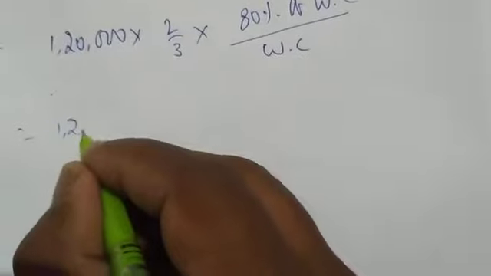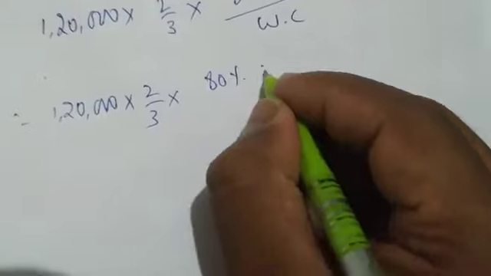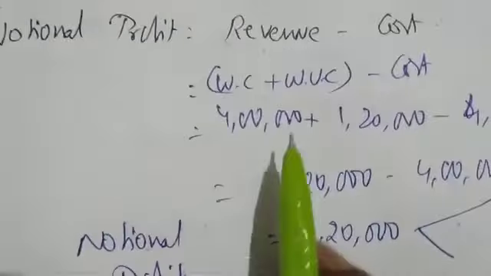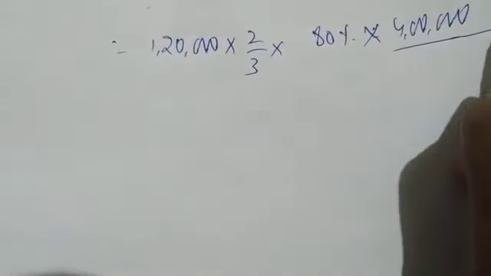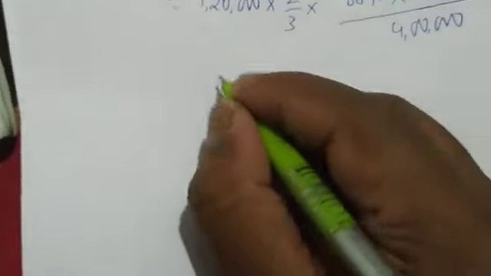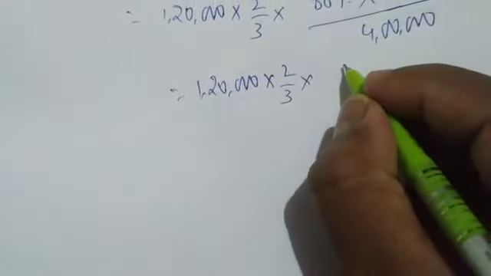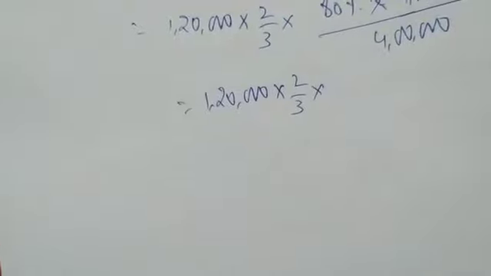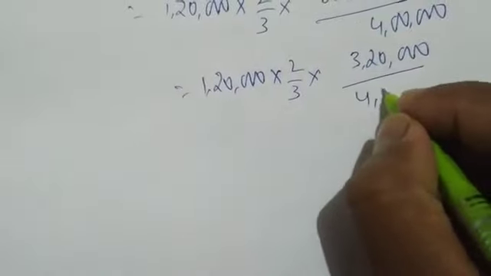So 1,20,000 into 2 by 3 into 80% of work certified, which is 4 lakhs, divided by 4 lakhs. 80% of 4 lakhs is 3,20,000, divided by 4 lakhs.